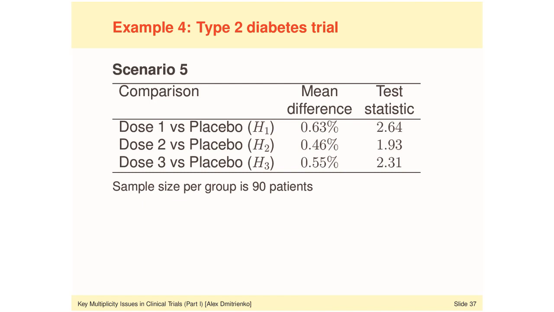And we also need to know the sample size per group, which is 90 patients. It is a balanced design, and the 3 tests are equally weighted, which means that we can go ahead and use the parametric macro and adjust p-values function to perform multiplicity adjustments based on parametric procedures in this example.